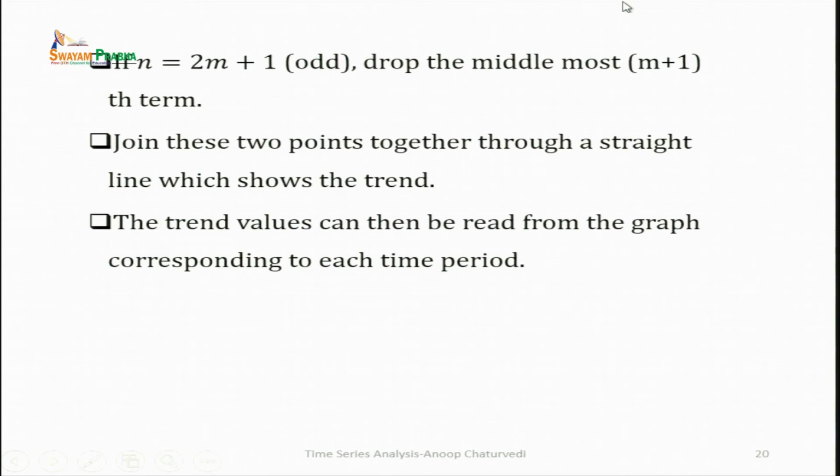Now, if n is equal to 2m plus 1, odd, just like we have taken n equal to 51, then you drop the middlemost, that is the m plus 1th term. Then we join these 2 points together through a straight line which shows the trend, and the trend values can then be read from the graph corresponding to each time period.